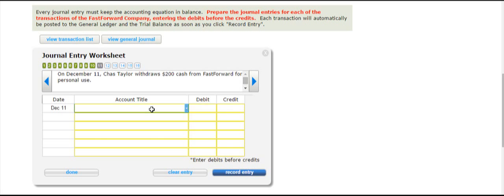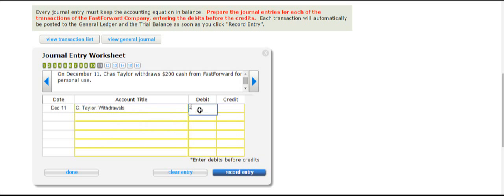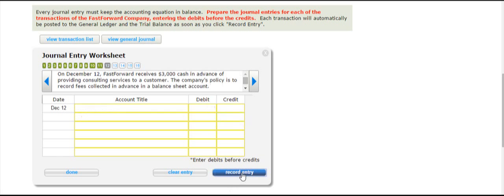Withdraws cash for personal use will be C. Taylor Withdrawals 200. Credit cash 200. Record it.